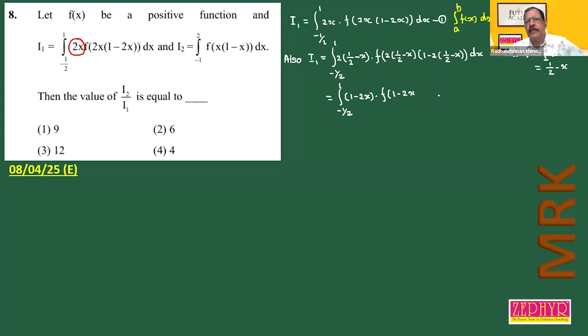Now here again, 1 minus 2x I am putting in bracket, into 1 minus 2 into 1 by 2 minus x. We will be getting 1 minus 1 minus 2x.